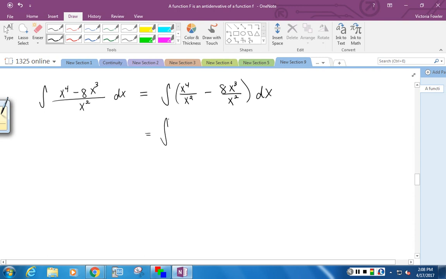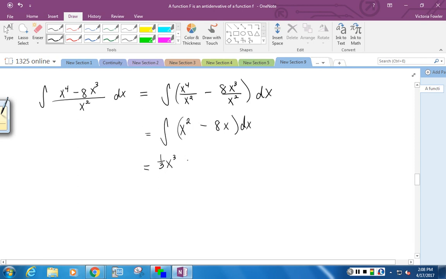I've got my antiderivative of now x squared minus 8x, right? That's after I simplify using my rules of exponents. And so I'm going to add 1 and divide by these terms. So if I add 1 to 2, that'd be cubed. I divide by 3, or that's the same thing as multiplying by 1/3. I'll move over to the next one.